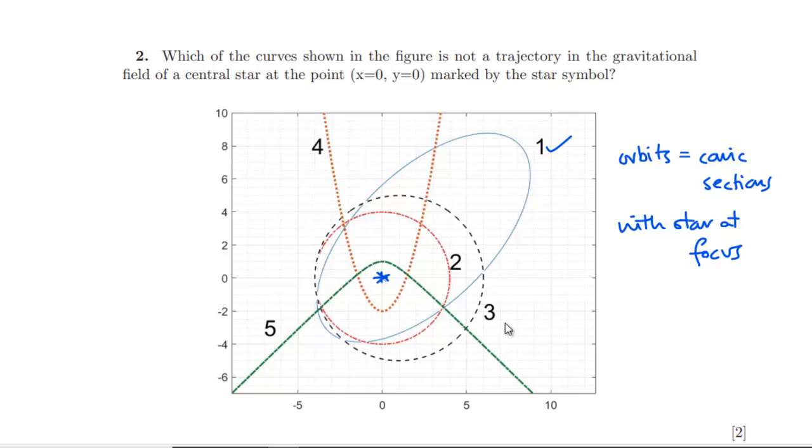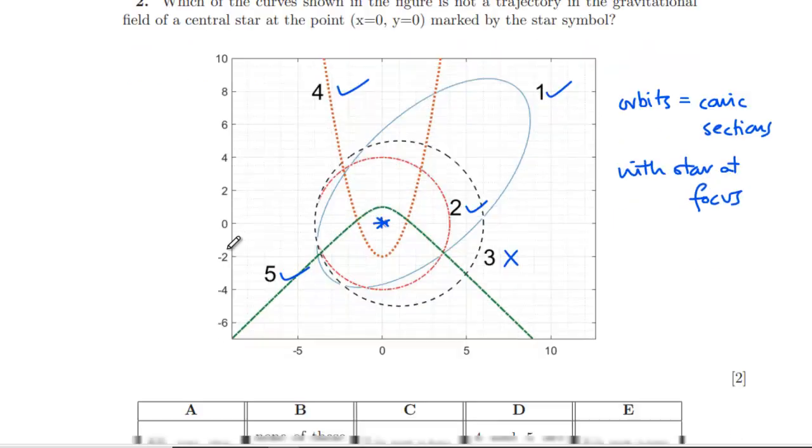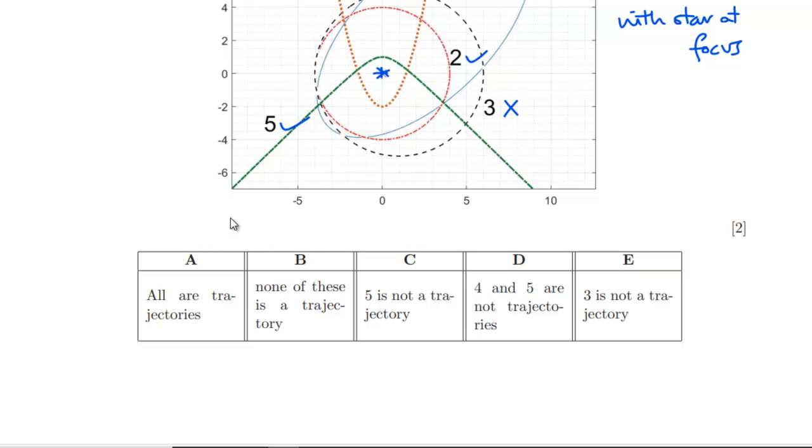For 2, a circle with the star at one focus. For 3, a circle with the star just in the middle of nowhere. Then 4 looks like a parabola with the star at the focus, and 5 looks like a hyperbola with the star at the focus. So we're saying just 3 is not, which is E.